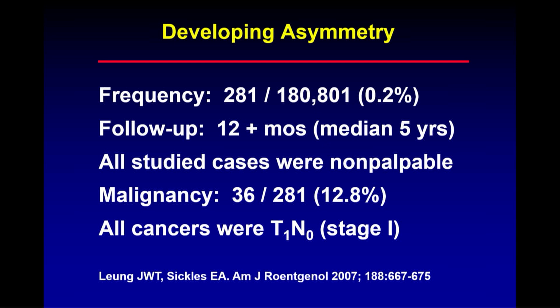One of the problems with eliminating developing asymmetry is it will discourage future research, because if people don't categorize it as the finding, they can't go back with a structured report and pick out the cases so they can do studies like this. So people who are interested in doing breast cancer research still should use the developing asymmetry category, even if it's not in BI-RADS, so that you can flag the cases and do the research. Because we really need more research on this subject.